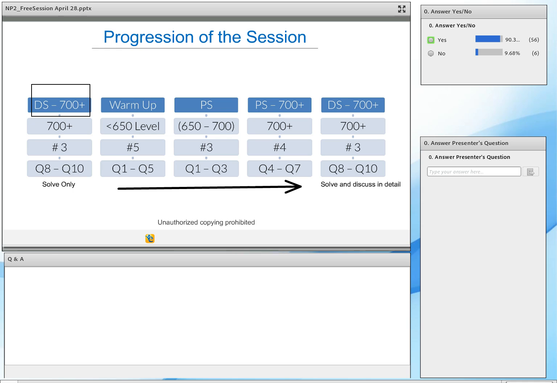Here at the end we're going to show you the same questions again and give you the opportunity to solve them once more. Hopefully more people will be able to answer these questions correctly, and then we're going to discuss these questions in detail. What you'll see is how sound basics and a structured process can help you solve even the most difficult questions on quant. So that's how we're going to be progressing in this session.